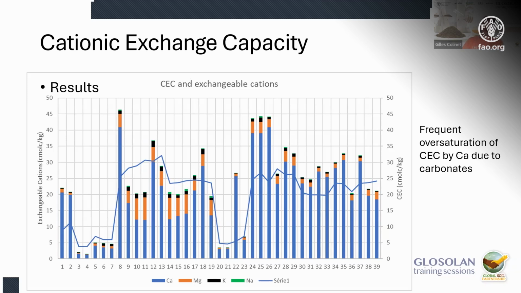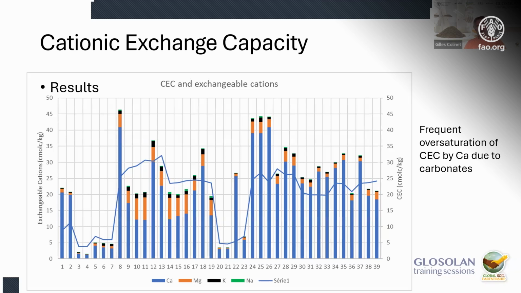Normally, you can evaluate the ratio between the sum of your cations Ca, Mg, K, Na and the cationic exchange capacity, and it's called the saturation ratio. The saturation ratio in base of your soil. Normally, on the CEC, you should have these 4 cations plus the exchangeable acidity.